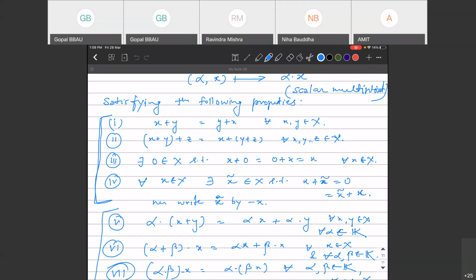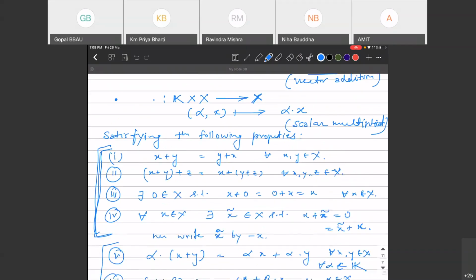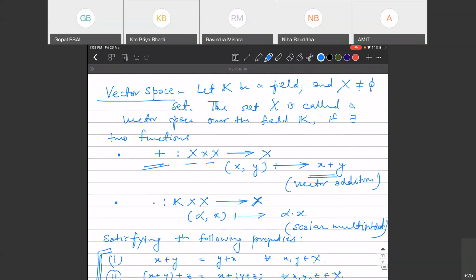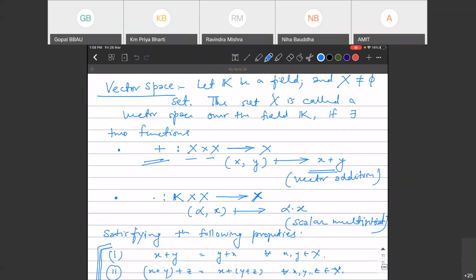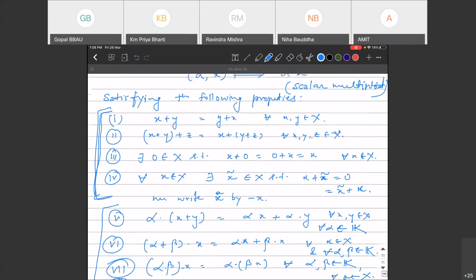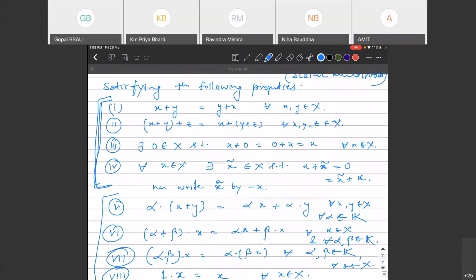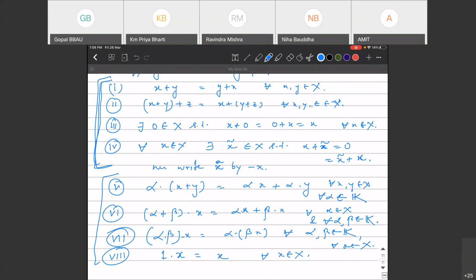So if someone asks you what a vector space is: a vector space over a field is a group with respect to addition, and it satisfies a few properties with respect to scalar multiplication.